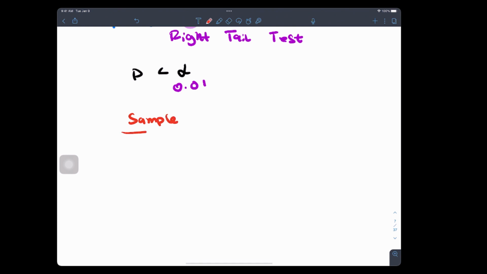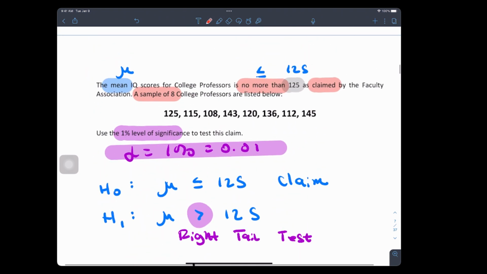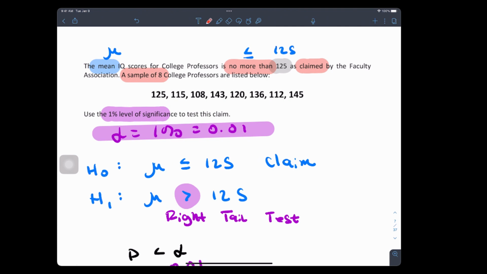Before I run the test, I know my sample size is 8. I don't know the sample mean, and I don't know the sample standard deviation. You guys okay with that? Does anybody remember, how do I get it?